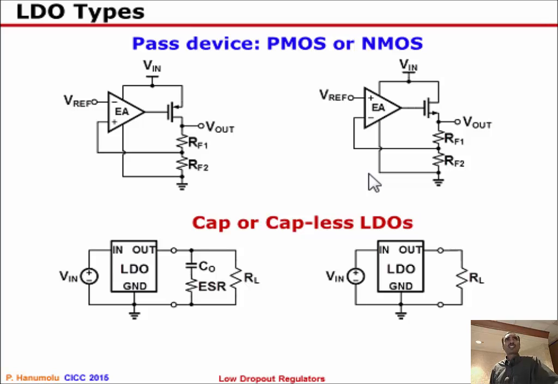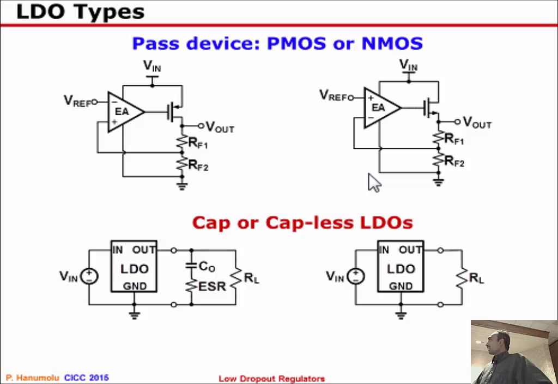Essentially, I would like to divide these into two categories based on what kind of pass device is used. Again, you can do a similar exercise for bipolar output stages, but here I'm going to focus on either PMOS or NMOS, and also cap or cap-less LDOs.